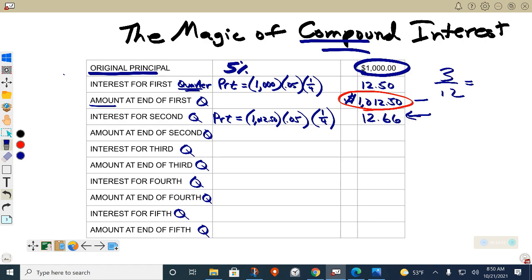Let me add those up. 1,012.50 plus 12.66. So at the end of the second quarter, we have 1,025.16.